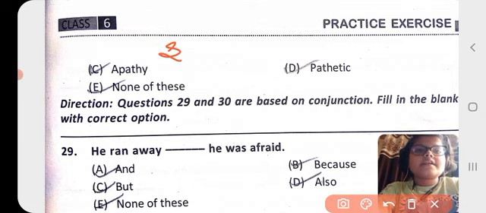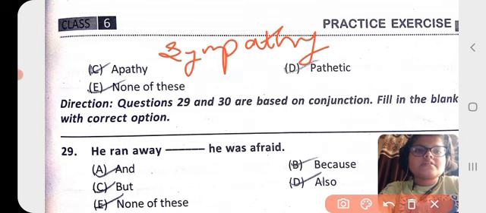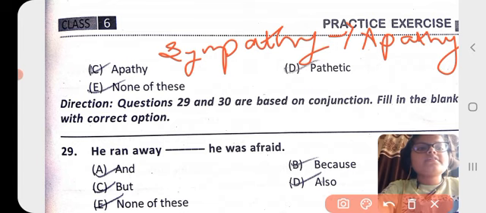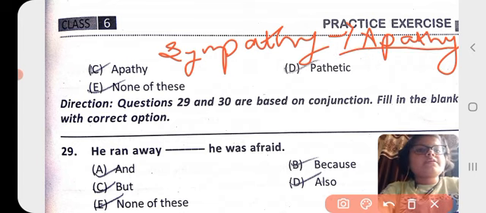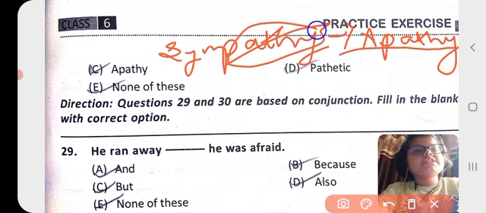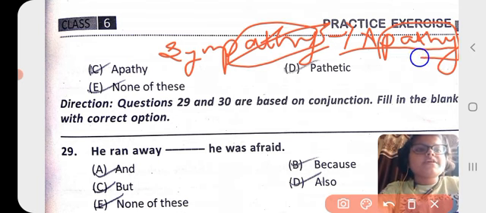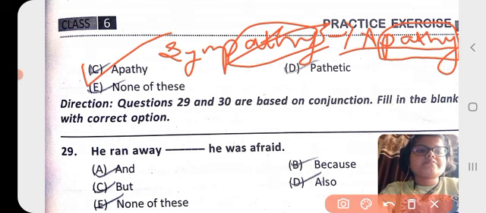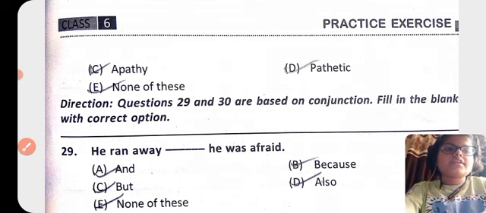So the antonym of sympathy will be apathy. This is a very uncommon word, but both words end in PATH, so you may get a hint from this option. The answer is option C, apathy. Let's move on to the next question.